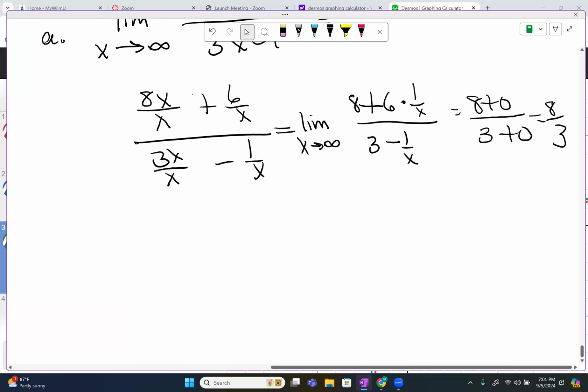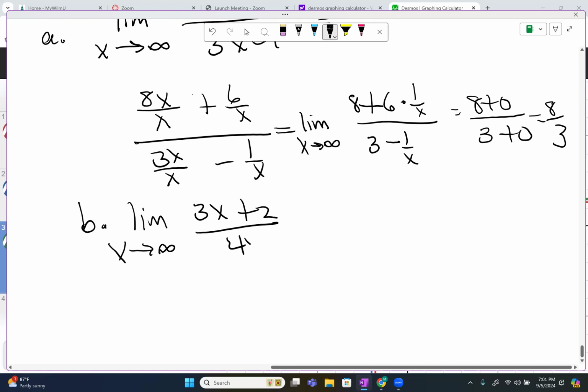Example B, and the solution begins with the limit as x approaches infinity of 3x plus 2 over 4x to the third minus 1. This one becomes 0. Let me explain why.